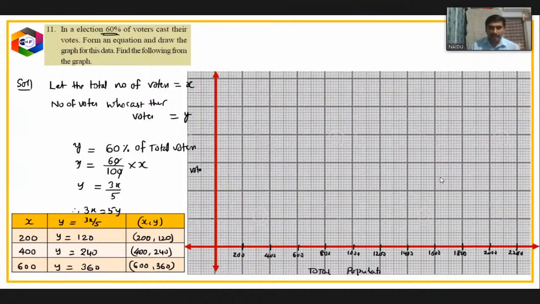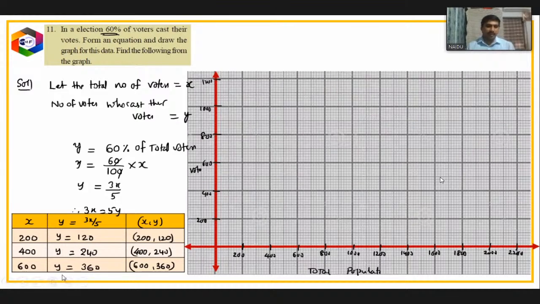And on the y-axis again the same. So 1 centimeter is 200 units, let us take. So 200, this is 400, 600, 800, 1000, and finally here 1200. So this is the data.